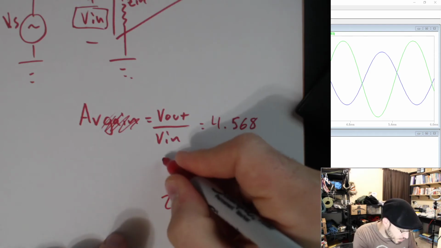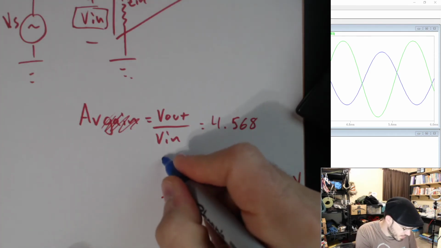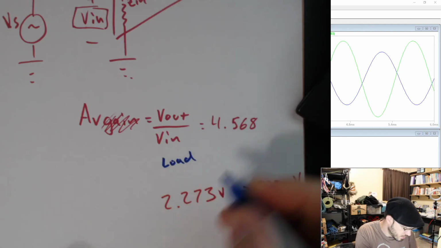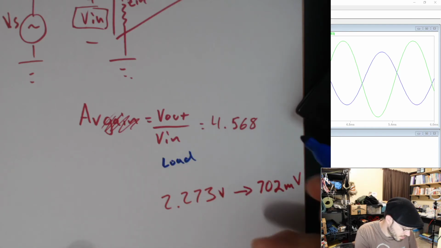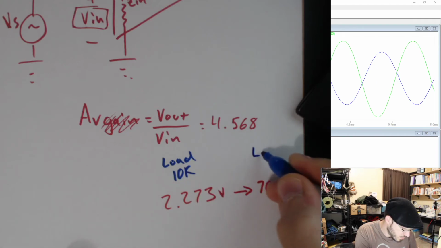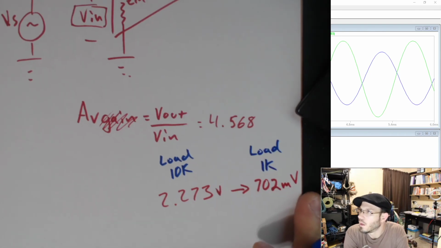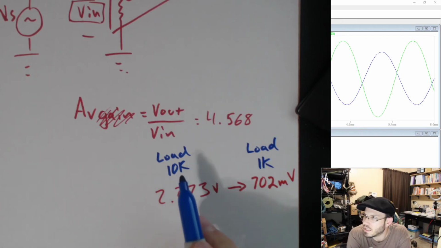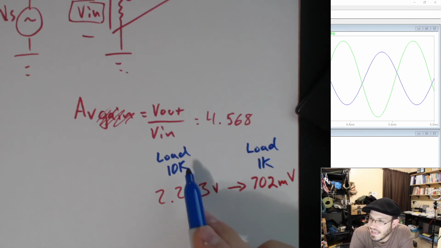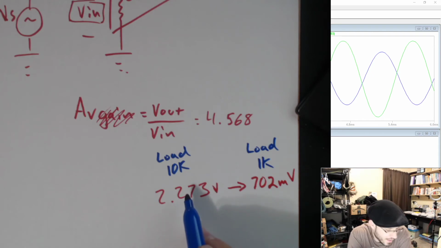Okay, so this was with a load. Let me switch to blue. Okay, this is because our load, when we had a 10K, we had an output that, well, it was correct.